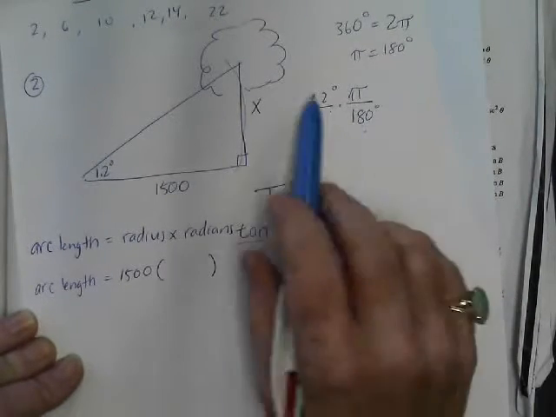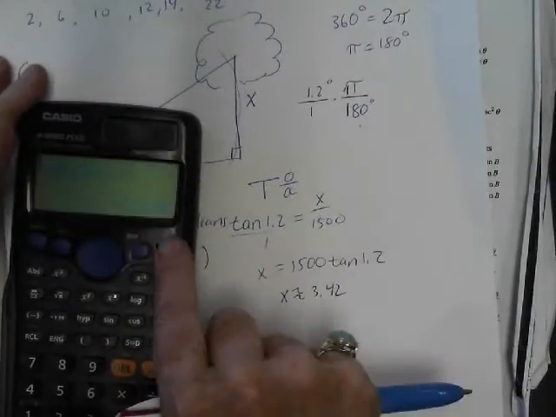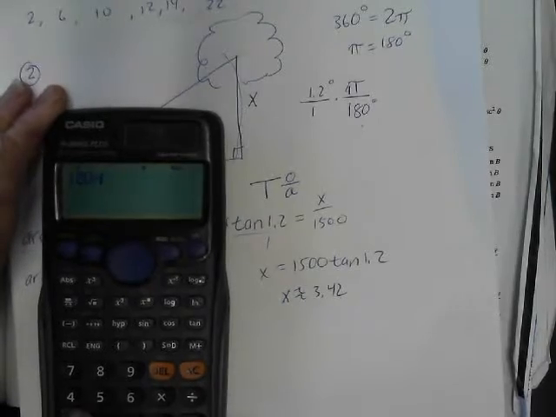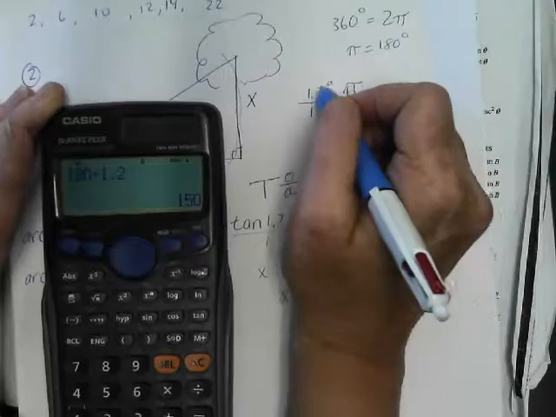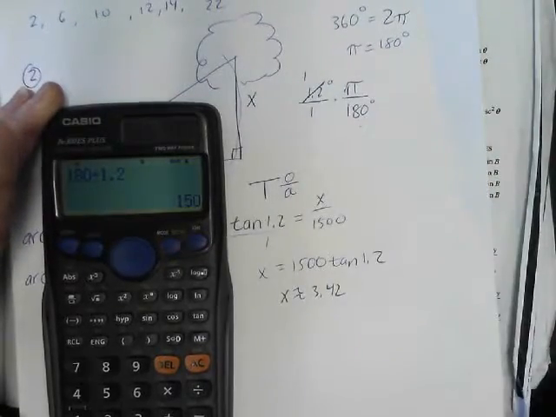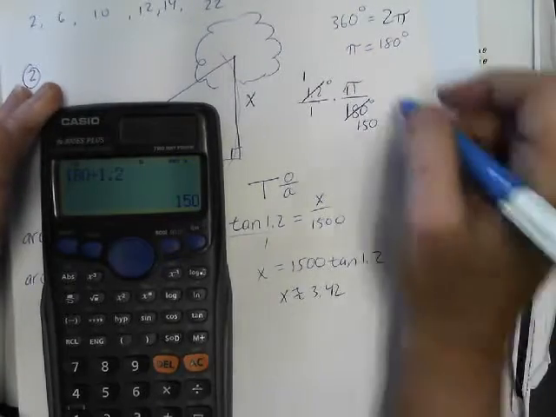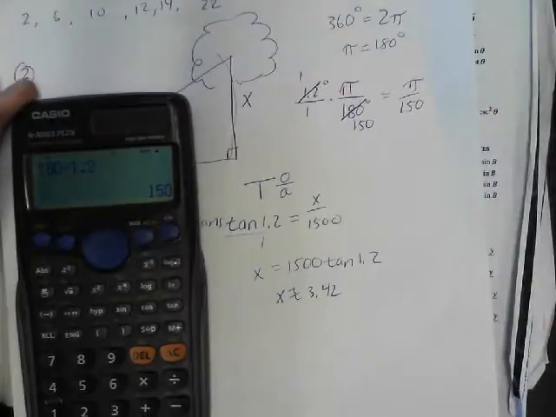Okay, now these two will cancel out because I can go find out how many 1.2s are in 180. It turns out that 1.2 goes into itself once, and it goes into 180 150 times. Okay, so that's pi over 150.